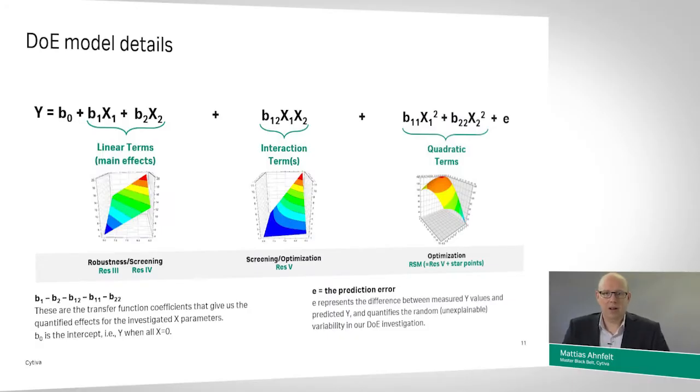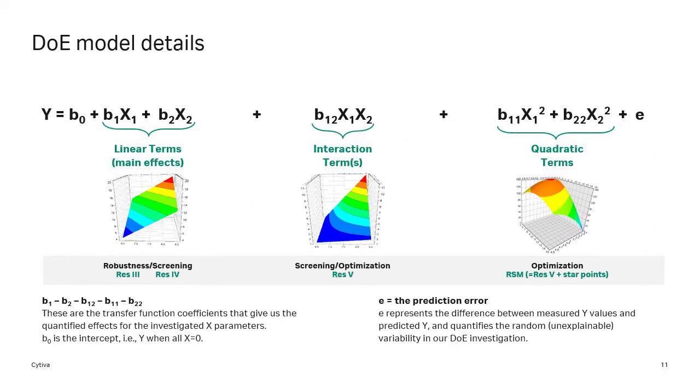So about some model details for the DOE polynomials, if we consider a response y depending on two process inputs, x1 and x2, there's a three-level hierarchy for the complexity of the DOE polynomials most typically employed in design of experiments evaluation.